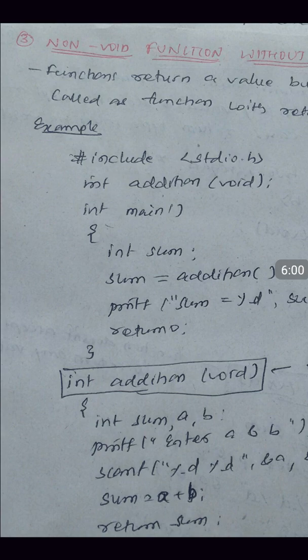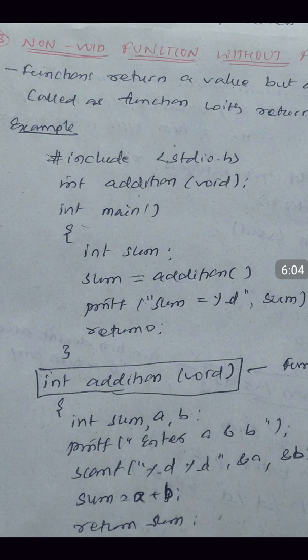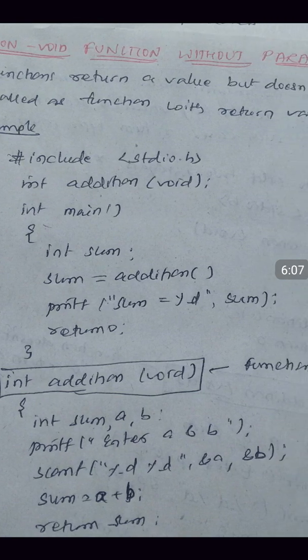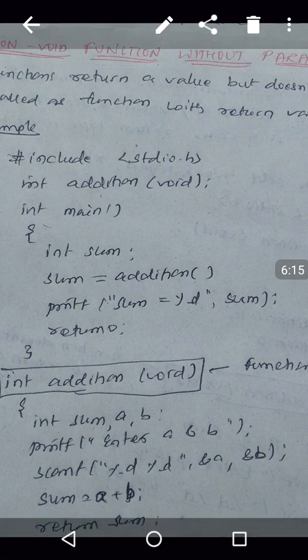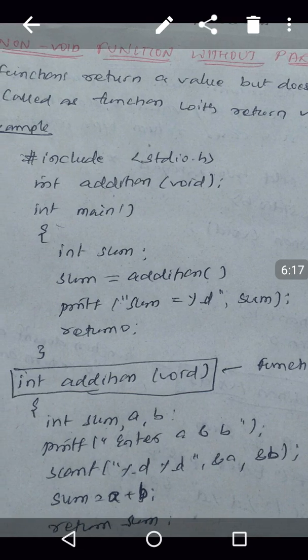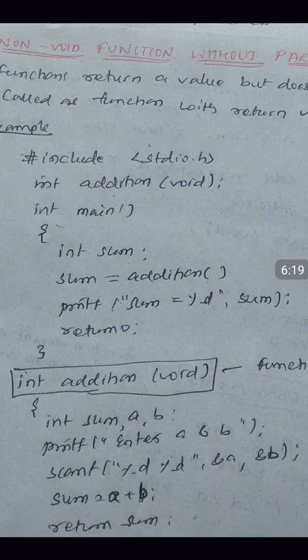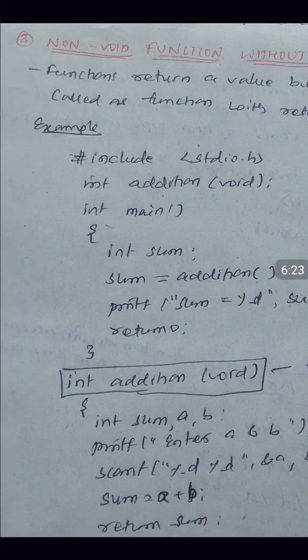In that case, sum, a and b are integer numbers. We are going to accept certain data from the user, that is why we ask to enter the values of a and b. So the a and b values are going to be added, and this added result will be returned to the variable called sum. So the function will return the sum, which goes to the function call.